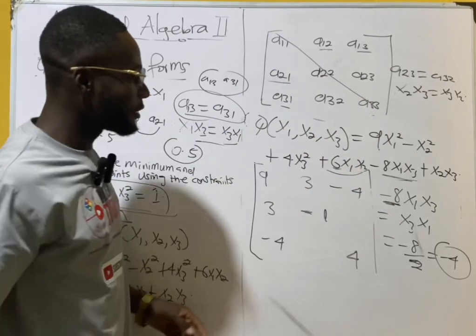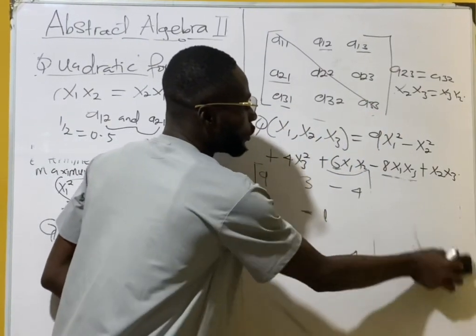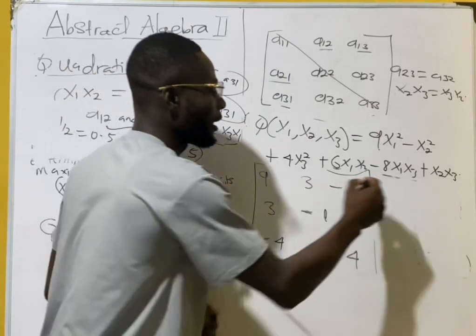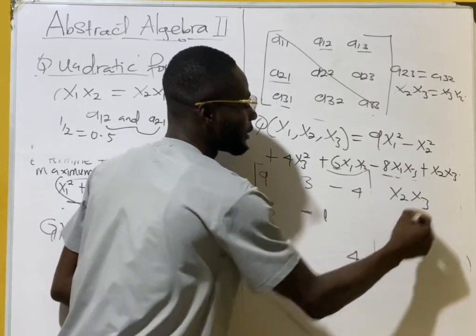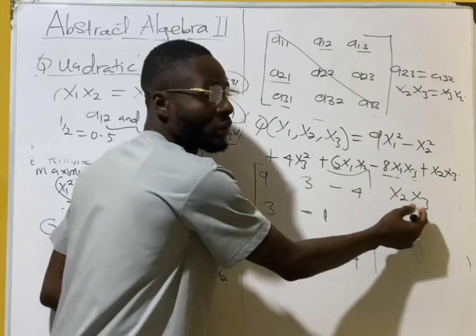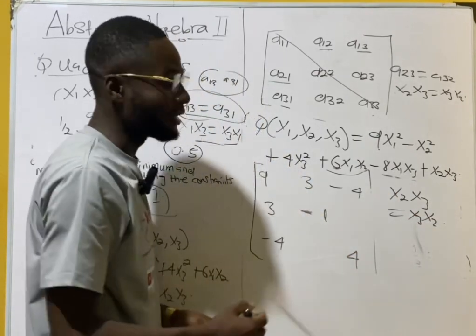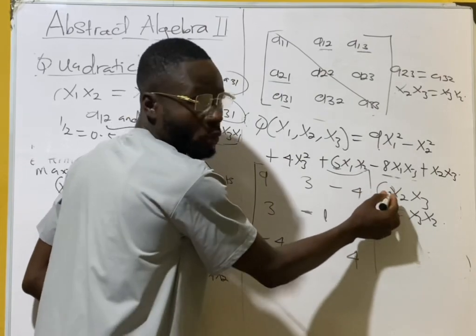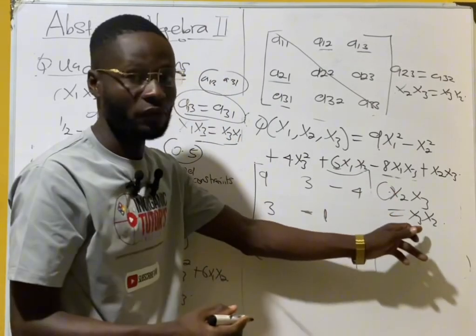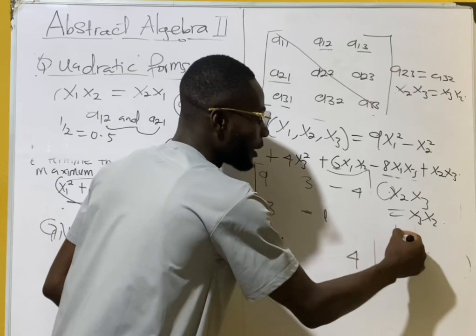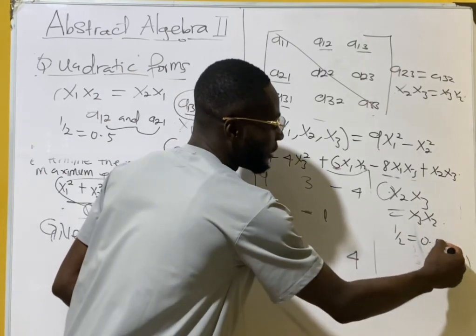Then we come to the last part, which is a23 and a32. That also goes for x2x3, and we know that x2x3 is the same as x3x2. So the coefficient over here, which is 1, we divide it by 2 and share it for both. 1 divided by 2 is 0.5.